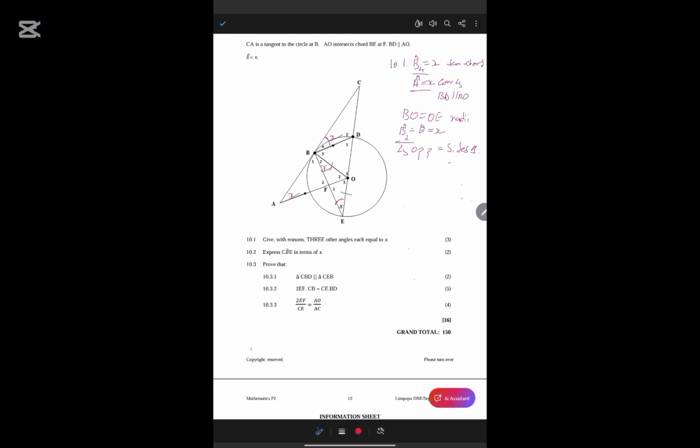Now, if you look at angle DBE, so you say angle DBE is equal to 90 degrees. This is an angle in a semicircle. Angle in a semicircle is equal to 90 degrees. It is subtended by the diameter DE.